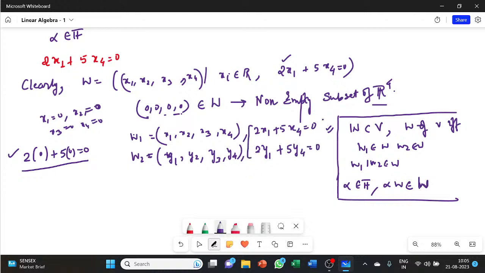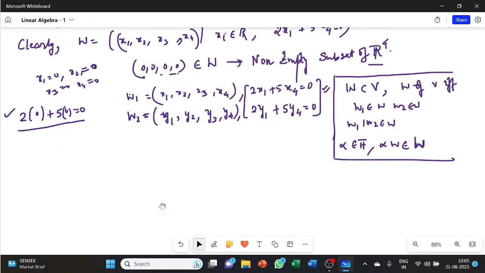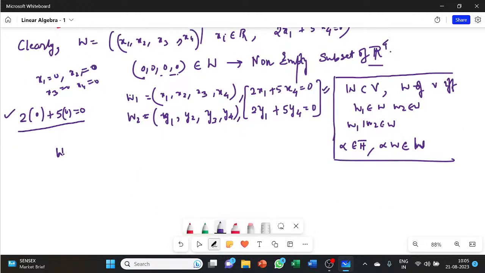These two are the conditions given to you. Now let us try to find what is W1 plus W2. Your W1 plus W2 would be simply x1 plus y1, x2 plus y2, x3 plus y3, and then you have x4 plus y4, isn't it?